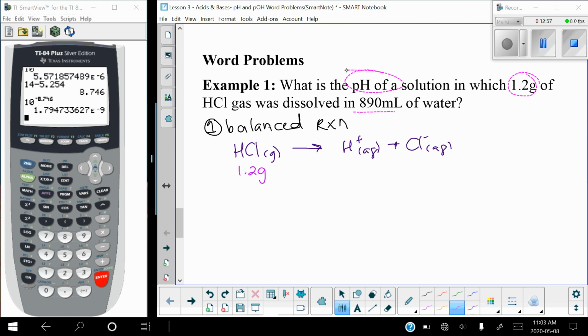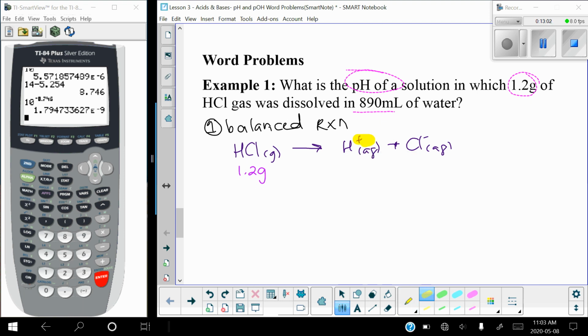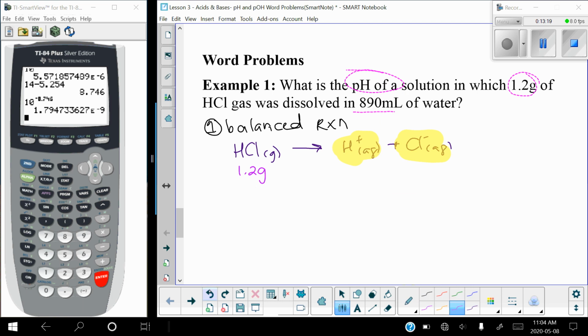So now you're going to ask yourself, which one of these 2 ions will connect us to the flow chart? Is it H plus or Cl minus? Well, remember how I said that if you have H plus, that is the same thing as having hydronium.